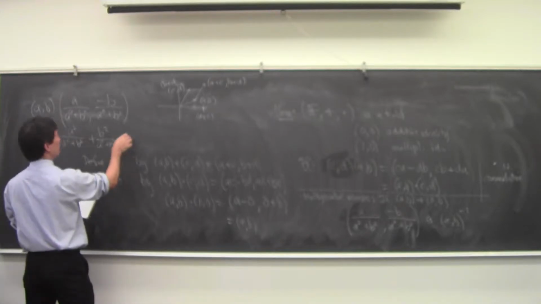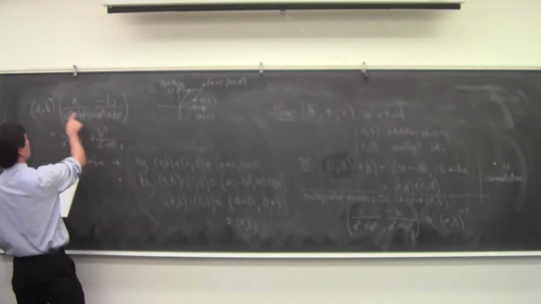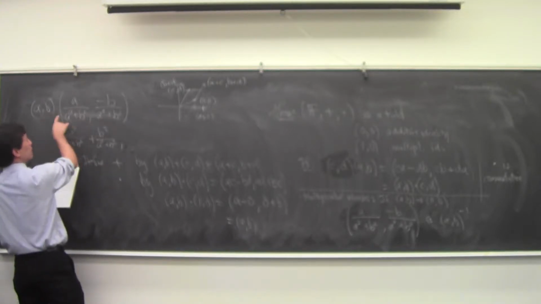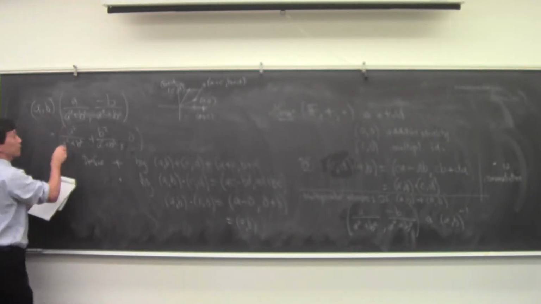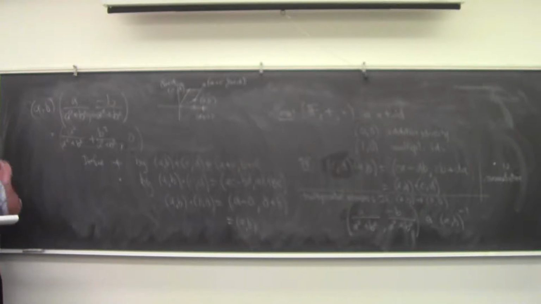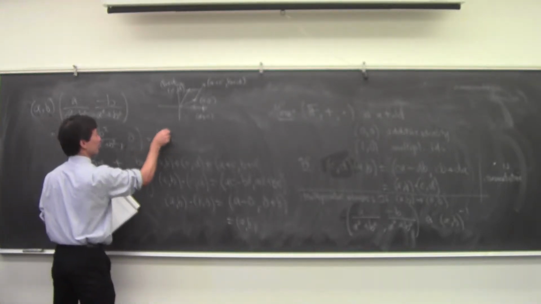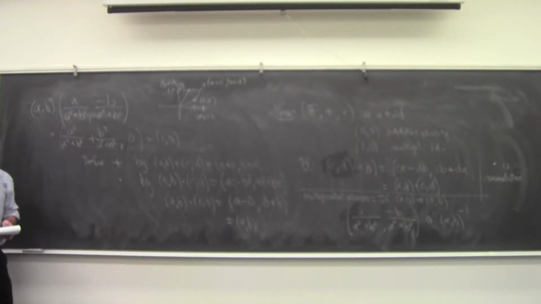And you get AD plus BC, which is going to be 0. In other words, you get 1, 0. Okay, you get the identity element.